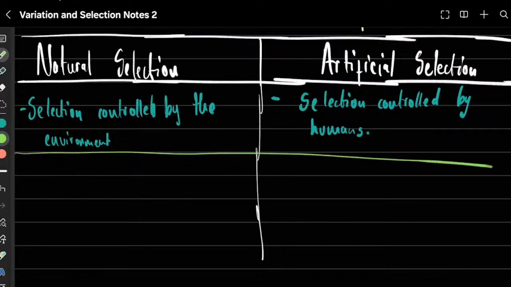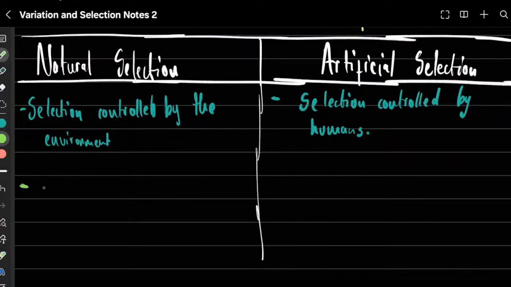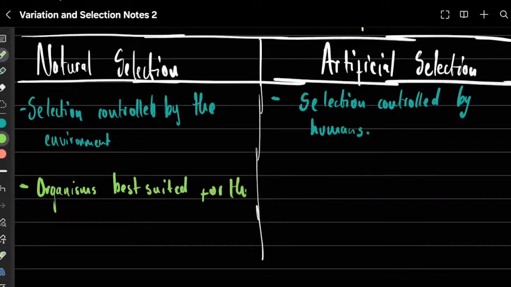Natural selection, organisms best suited for the environment survive and reproduce.